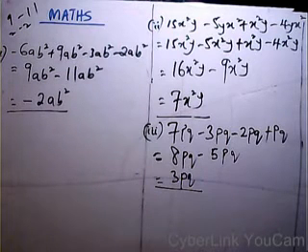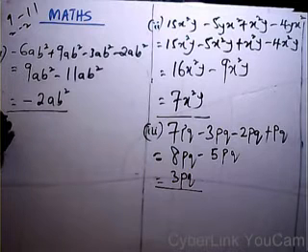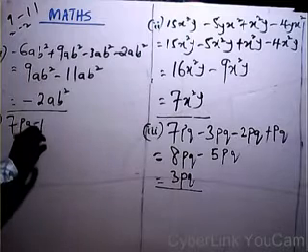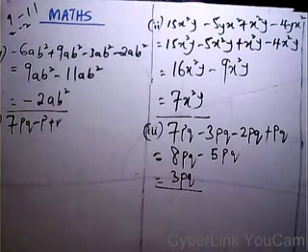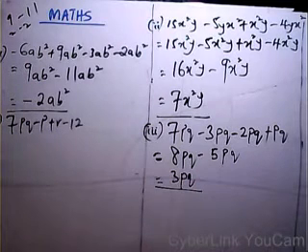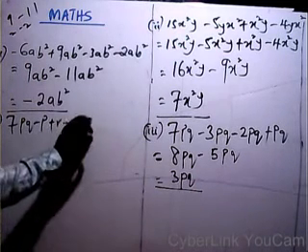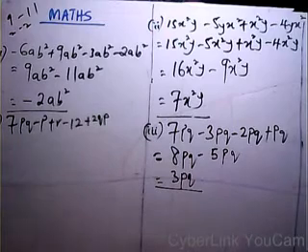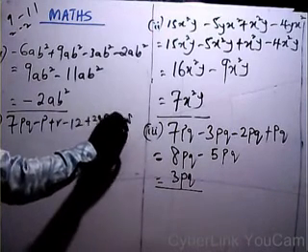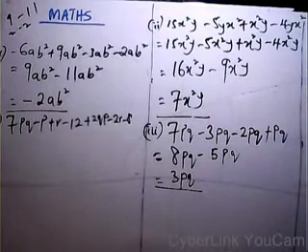And the final question under this part, let's take the final question under this part. We are to simplify 7pq minus p plus r minus 12 plus 2qp minus 2r minus 8 and minus 4p.